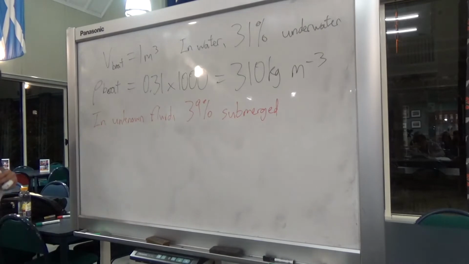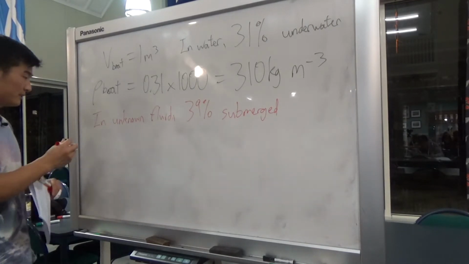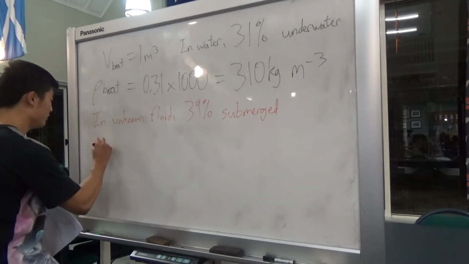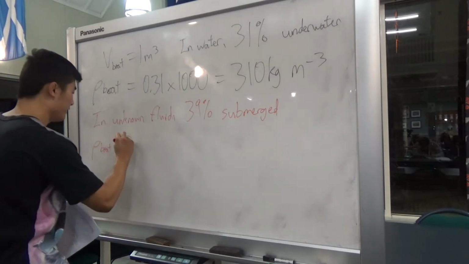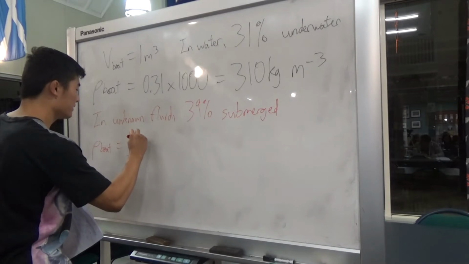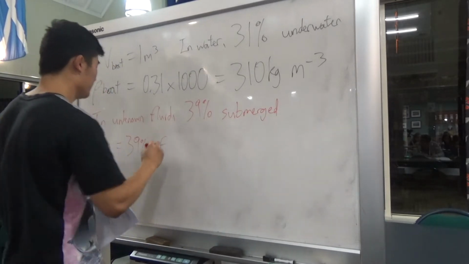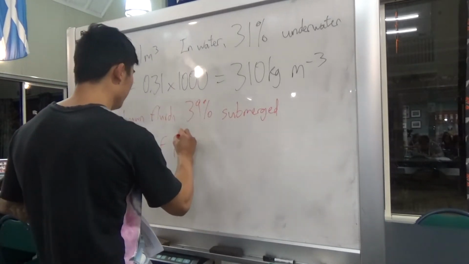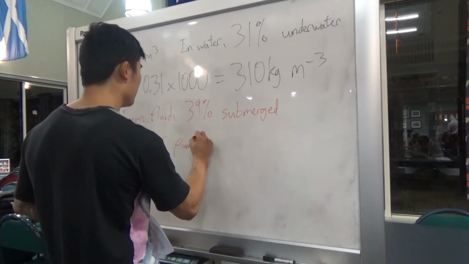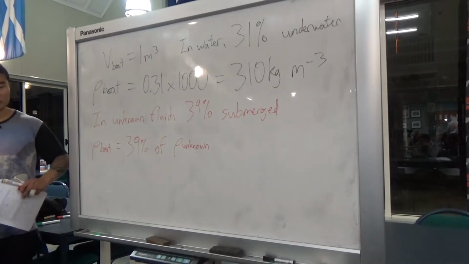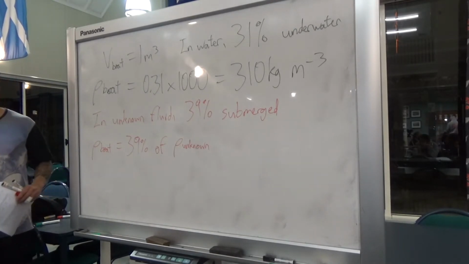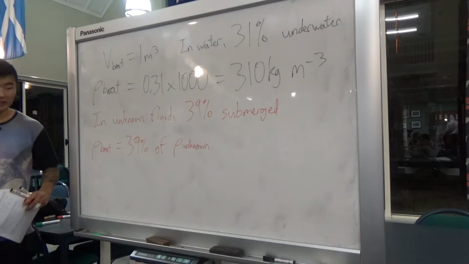So what that means is that the density of the boat is equal to 39% of the density of the unknown fluid, right? Because 39% is underwater, so that means that the density must be 39% of the unknown fluid.